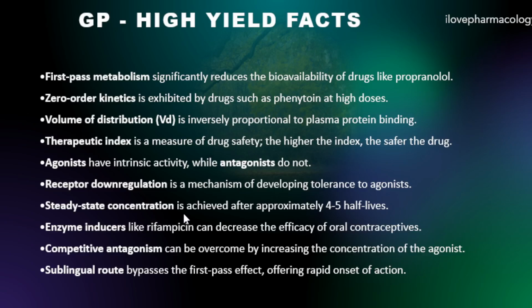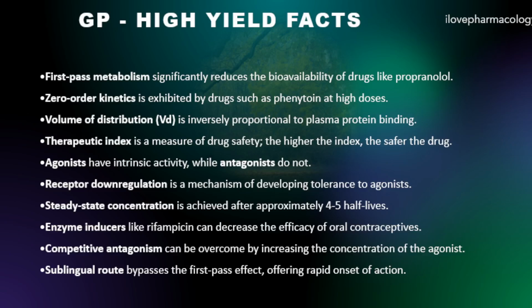Steady state concentration is achieved only after 4 to 5 half-lives. Regarding enzyme inducers, rifampicin is a potent enzyme inducer which can decrease the efficacy of the oral contraceptive, thereby leading to contraceptive failure.